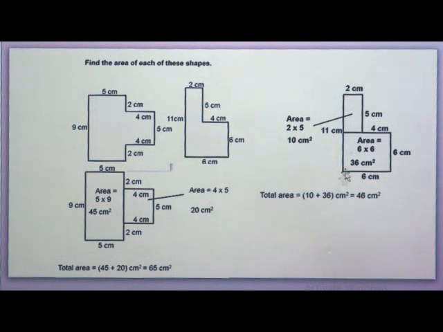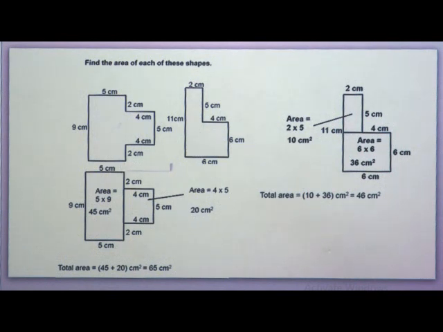So, in this way we can find out the area of a given figure by splitting it into different shapes. It may be a rectangle or square, or it may be both rectangles or both squares. In this way we can find out the area of a figure of this type of shapes.